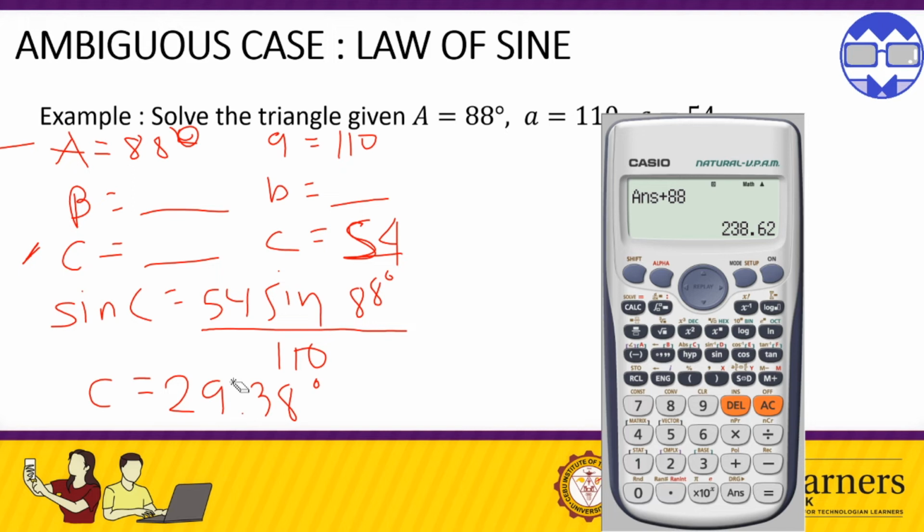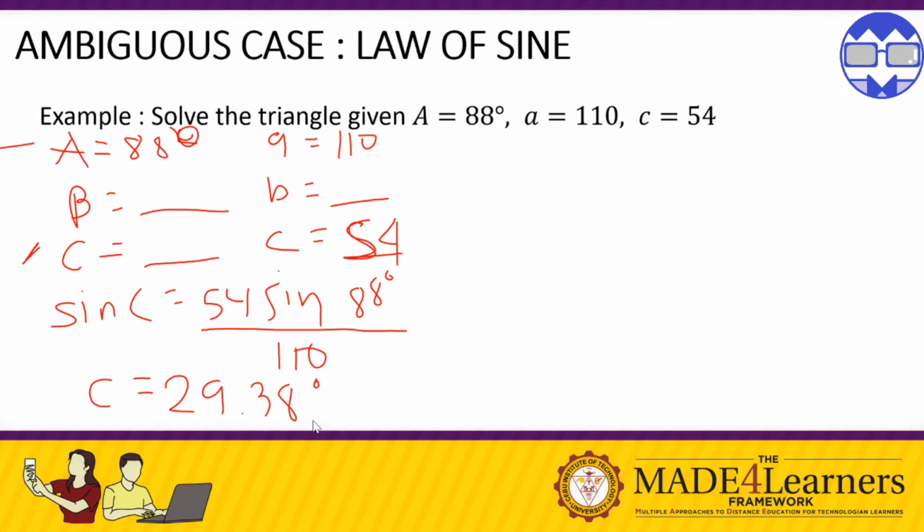If there's one C, you can proceed to solve for B, and so on and so forth. I'll just conclude, you continue solving this. There is only one solution. Only one triangle.